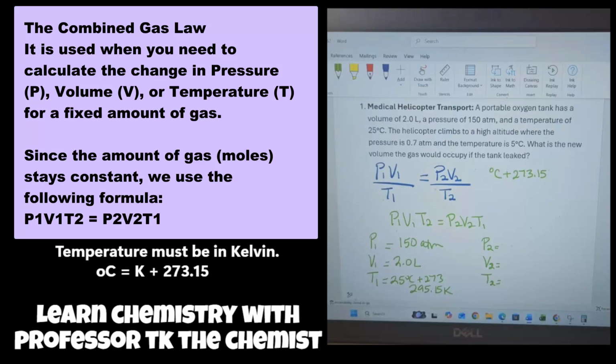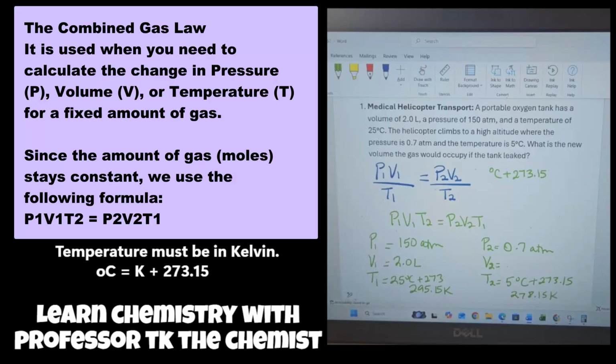Now, P2. The helicopter climbs to a high altitude where the pressure is 0.7 atm and the temperature is 5 degrees Celsius. Woo-wee! So we know it's very cold. So that's going to give you 278.15 Kelvin.